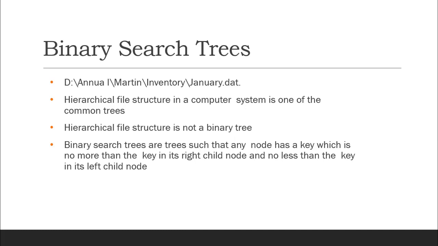When you search for something, Windows will try to search using binary search so that it is faster, or sometimes it will use indexing, which is much faster compared to binary search.